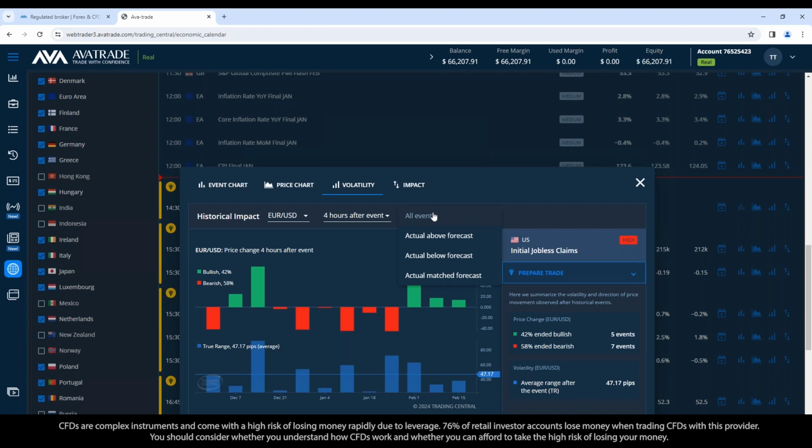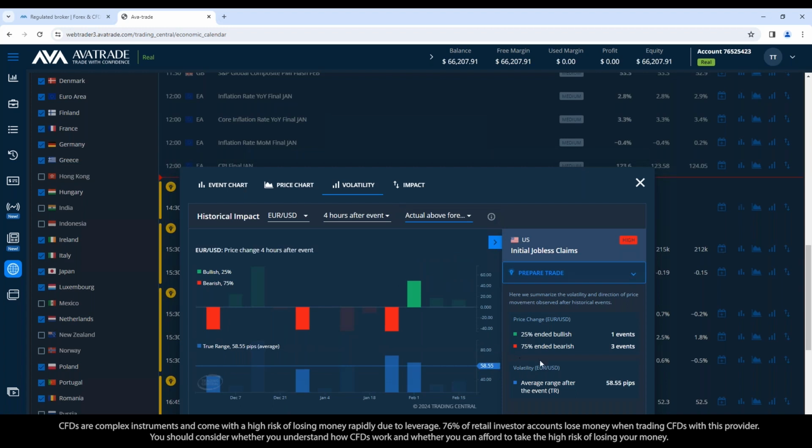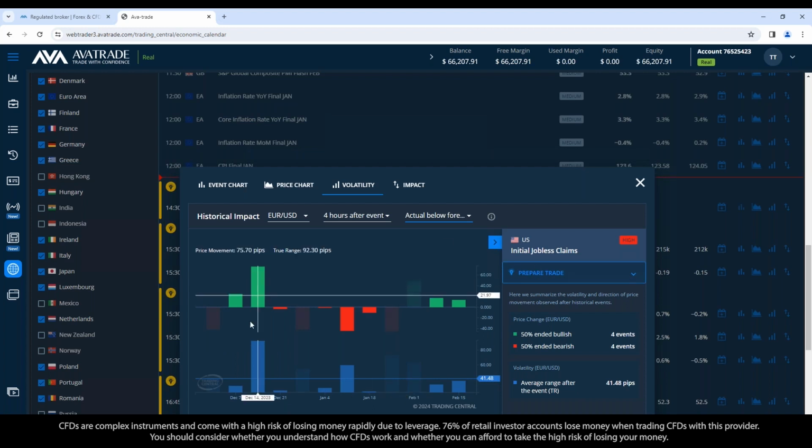So if this data comes in, initial jobless claims above forecast, we see that 75% of the time, the USD strengthens and pulls the euro down. If it comes in below forecast, it's 50-50. Anyone's guess what the movement would be based on the past announcements. Sometimes up, sometimes down, half-half.